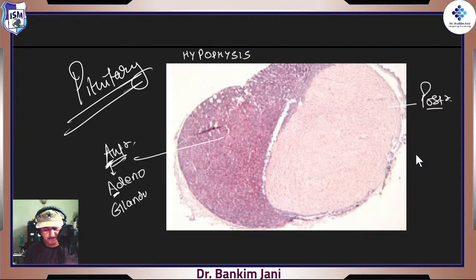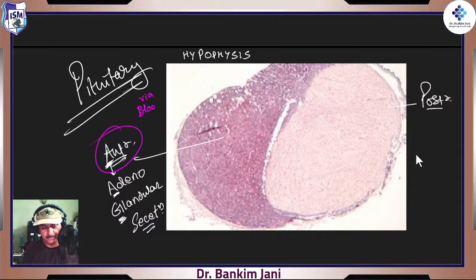That means it has got secretory function. It has got secretions. It can secrete because there are special cells. So then how will the hypothalamus come and tell the anterior pituitary? The only method is via blood, right? So for the anterior, it has to be via blood.